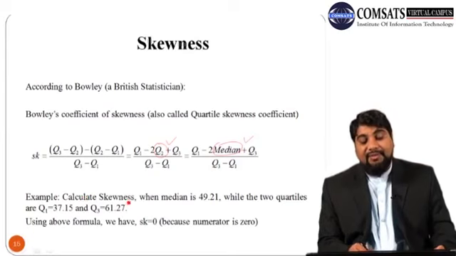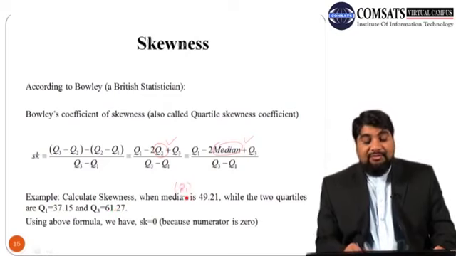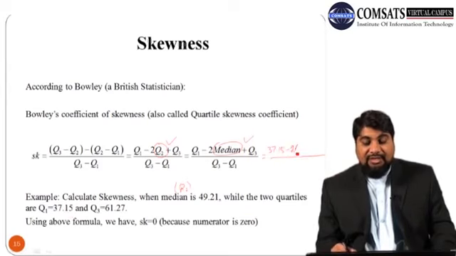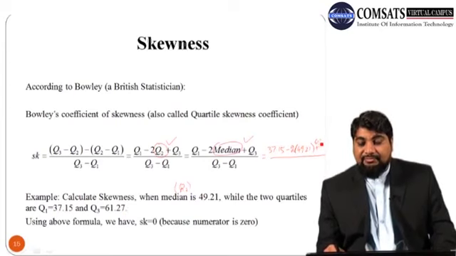Calculate skewness when median is 49.21 while the two quartiles are Q1 and Q3, which are also given here. We know that this median is the same as Q2. So using this formula, just replace these values here. Q1 is 37.15 minus 2 times median, which is 49.21, plus Q3, which is 61.27.